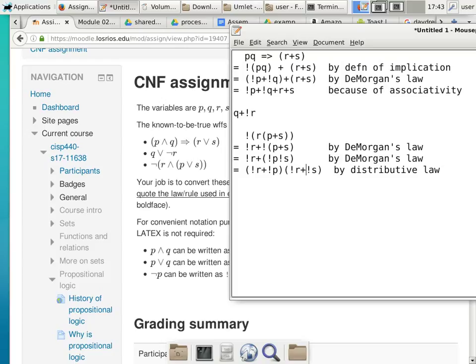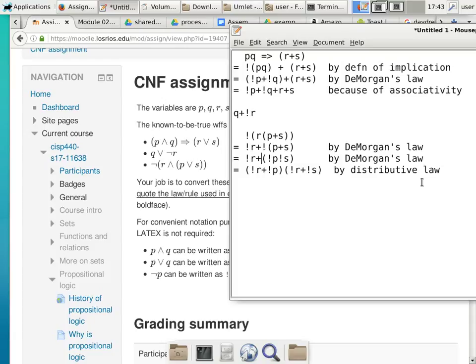Can't you use De Morgan's law again? Instead of having nots, P or S, you could put not nots, and then have not R. But there's no negation to apply De Morgan's law to.